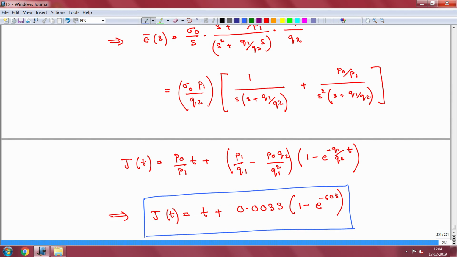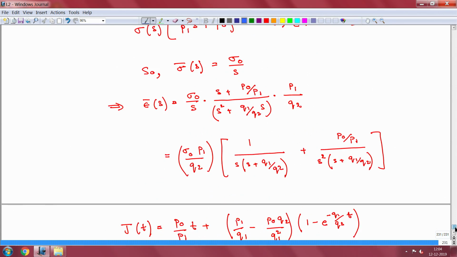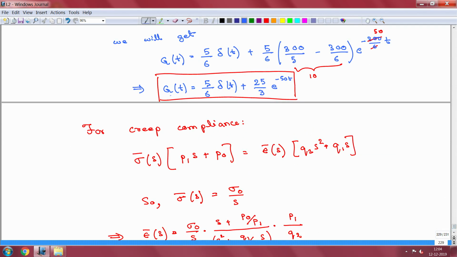Now, please notice a few things here, and that the creep compliance function has a linear part and there is a decay part. So, this function seems to be far more well behaved than the function G(t), right. But notice the powers of the exponential function. Here it is minus 60 t, and for the stress relaxation function it is minus 50.